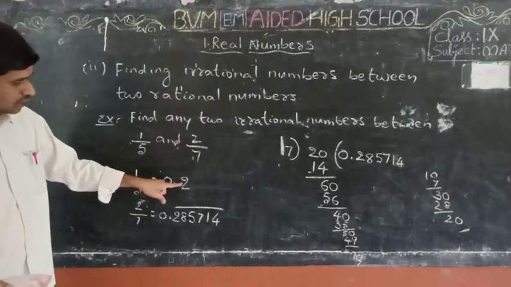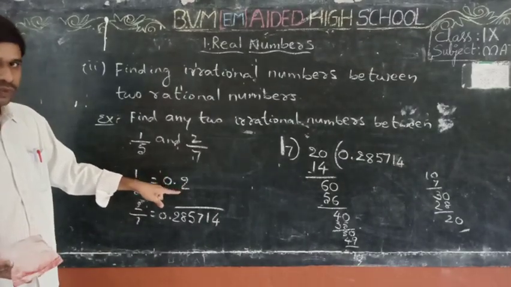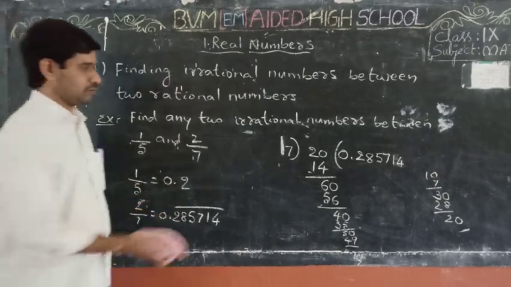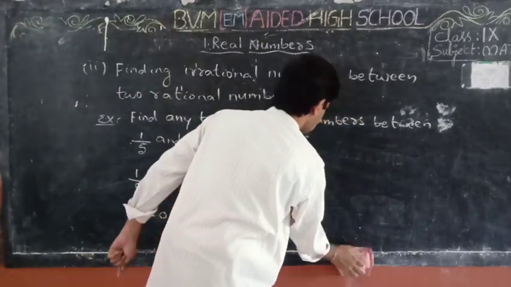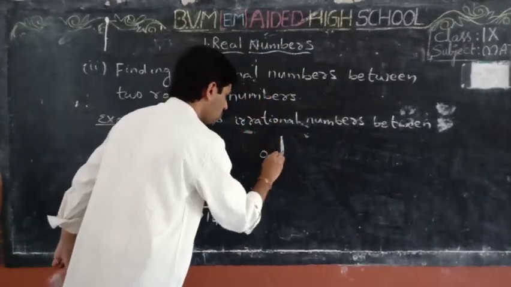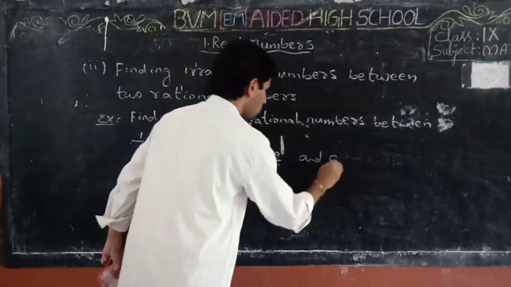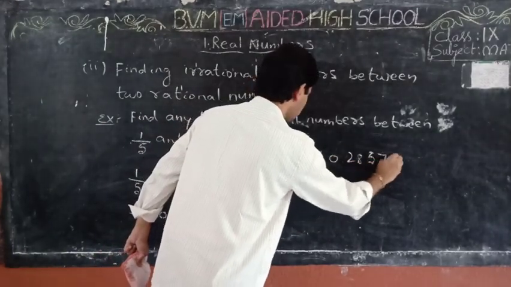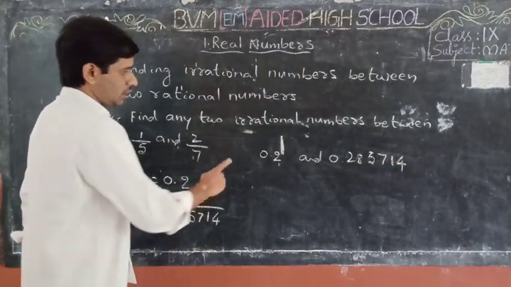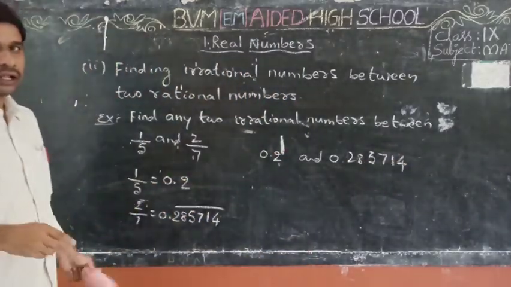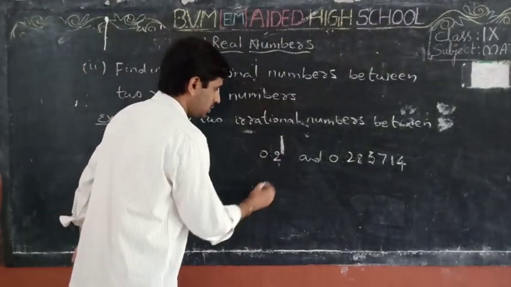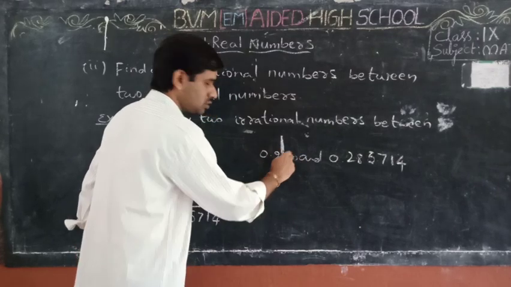Now we have to find a non-terminating, non-recurring decimal between these two decimal numbers. That means an irrational number between 0.2 and 0.285714 bar. Now 0.2 means we can write any number of zeros, 0.20000.